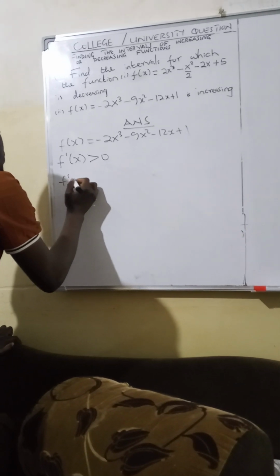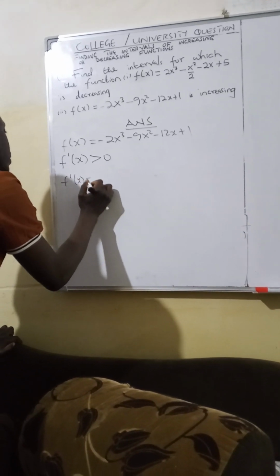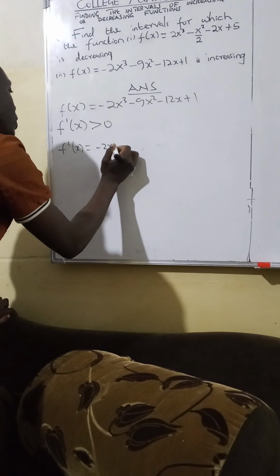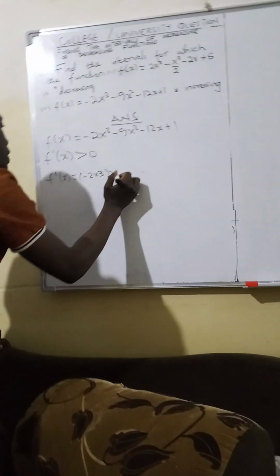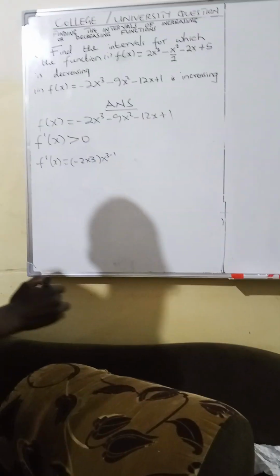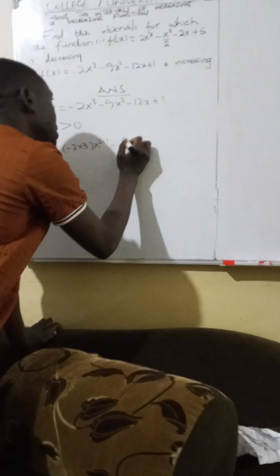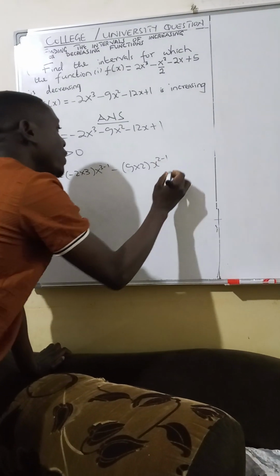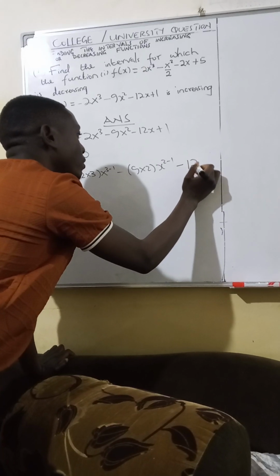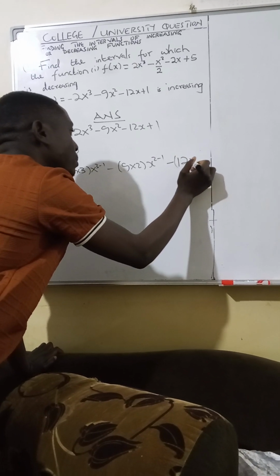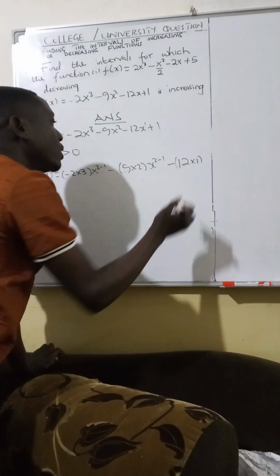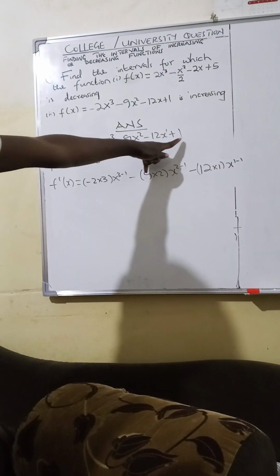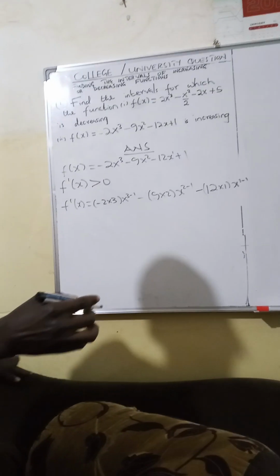So my f prime of x, because I'm going to differentiate this function, so negative 2 multiplied by the power 3, then the power is reducing by 1, then minus 9 multiplied by 2, then the power is reducing by 1, minus 12 times 1, the power of this is 1, it's invisible, there is a 1 there, x to the 1 minus 1. Then the derivative of the constant is a 0, so I'll not write it.